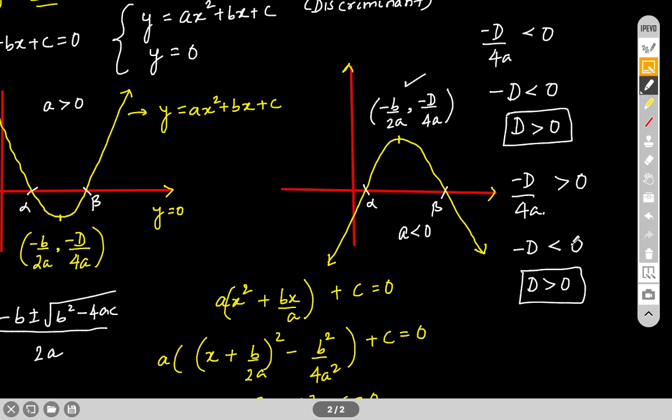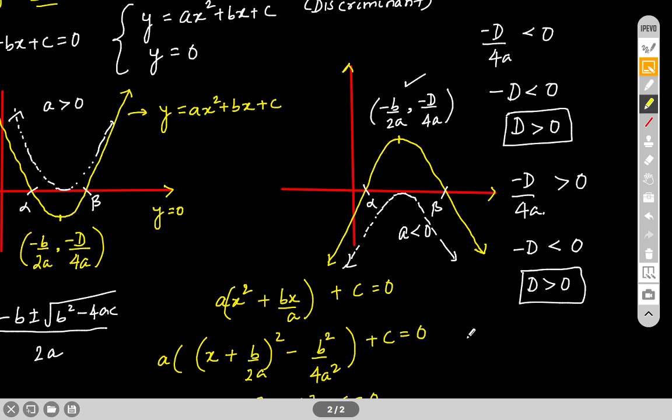Now, what about the situation of you having real and equal roots? When real and equal roots are there, your parabola is actually touching the x-axis and going back, right? Irrespective of opening upward or downward, it will touch and go back. Touching means the y coordinate there should be 0.